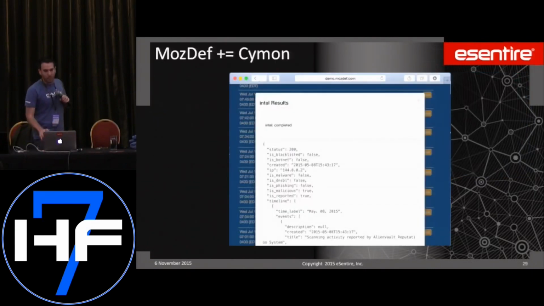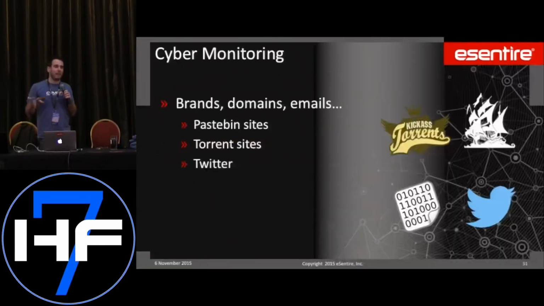All right, so we talked mostly about the threat intelligence portion of IP addresses, domains, and hashes. The other aspect of Cymon is monitoring of brands, emails, and so on. As of yesterday, I'm happy to announce that this is now open to the public.